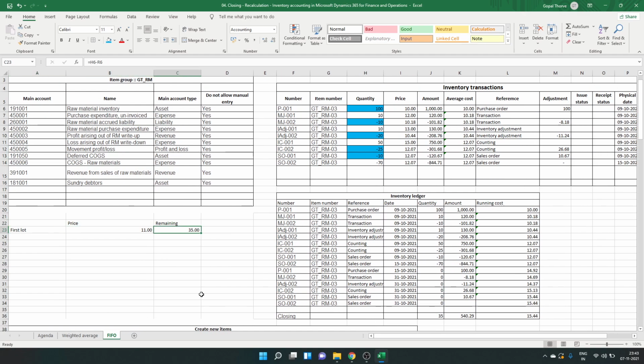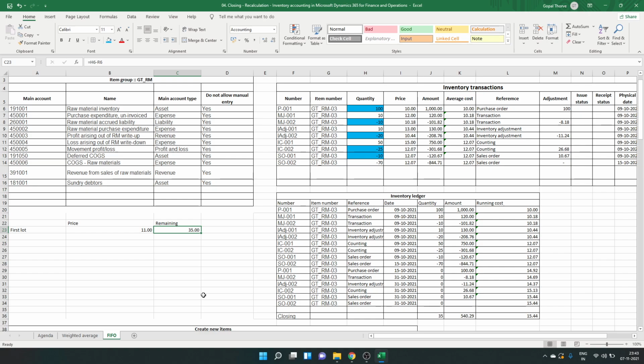Okay, now we have the last sales transaction which is worth 70 quantity. Now from first lot we have only 35 quantity.